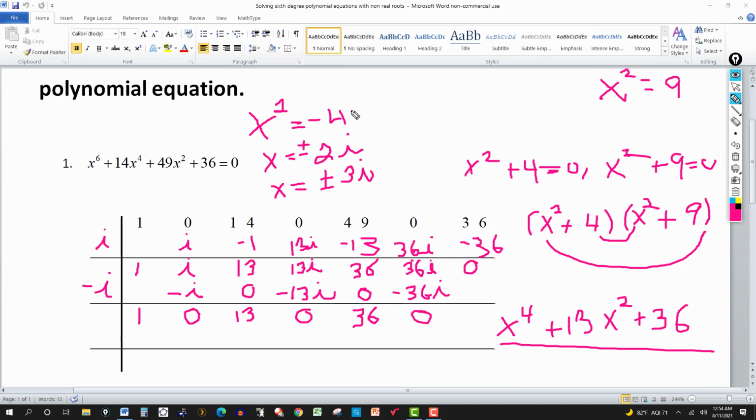So the solutions of this 6th degree equation, and of course we expect 6, and they're all non-real or complex, so we can just list them again: plus or minus i, plus or minus 2i, plus or minus 3i.